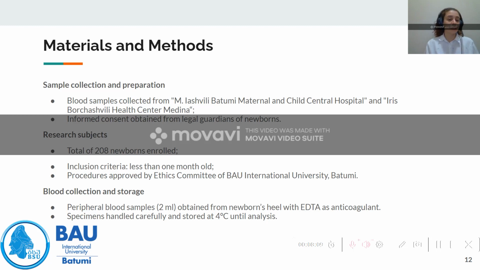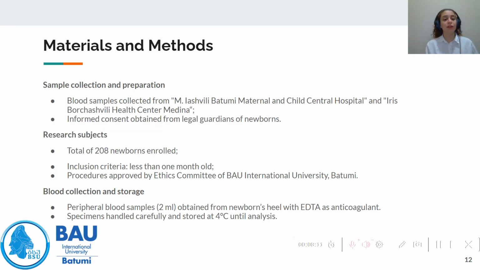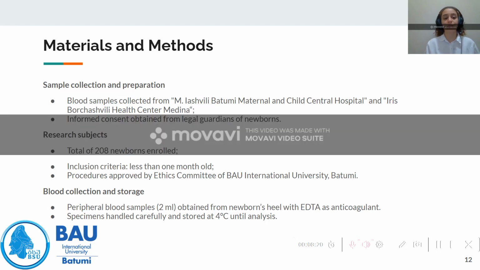A total of 208 newborns were enrolled in our study. Our inclusion criterion was that the newborns had to be less than a month old. We didn't have any exclusion criteria. Our procedures were approved by the Ethics Committee of the Bao International University, Batumi, Georgia.